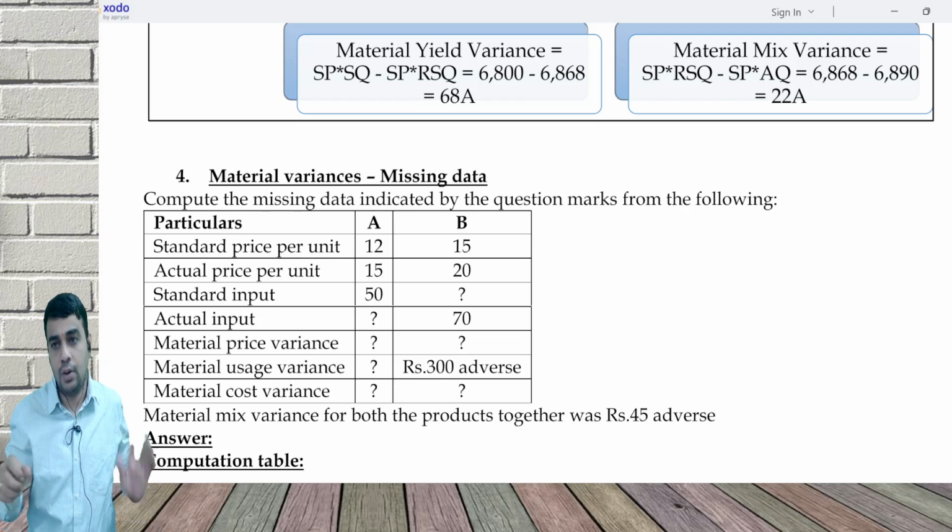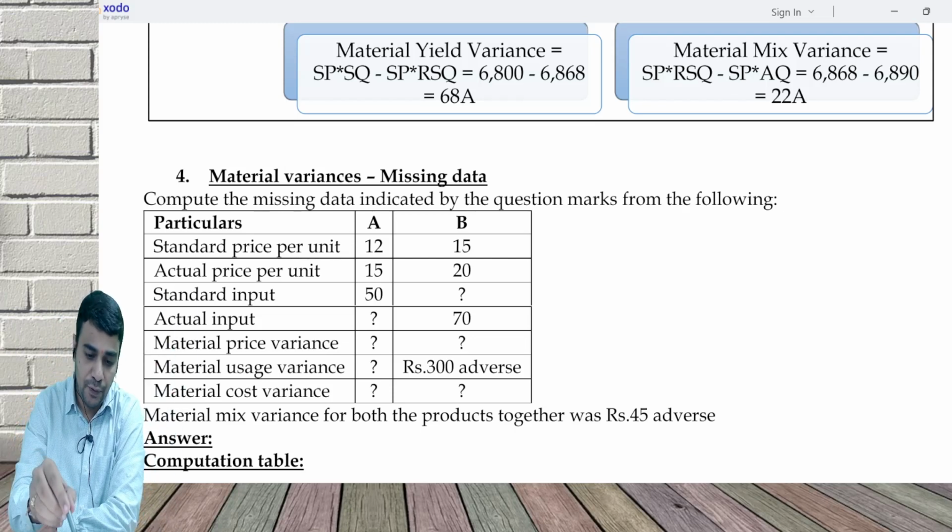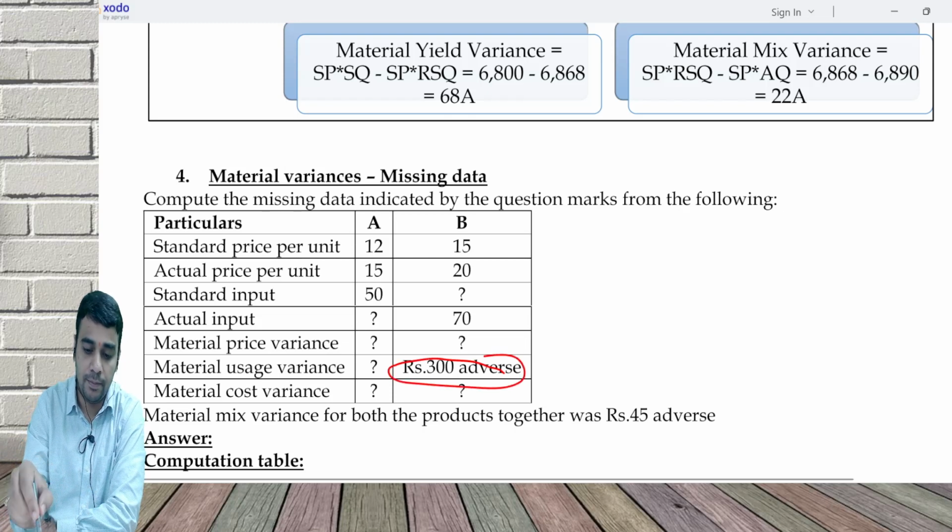Okay. Now the question has given certain information. They have given few variances also in the problem.